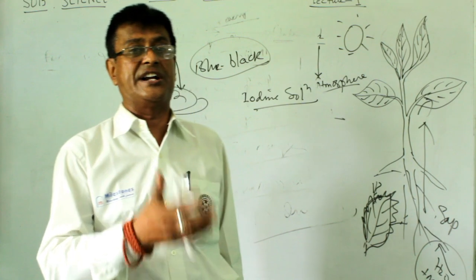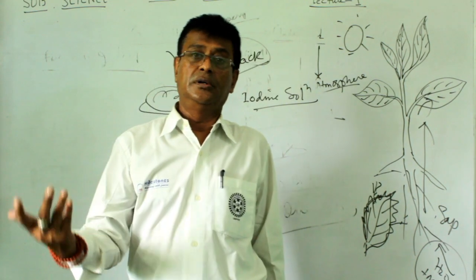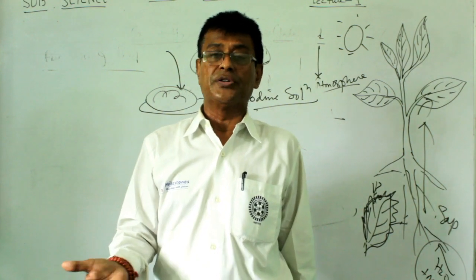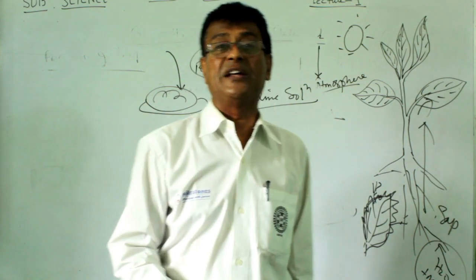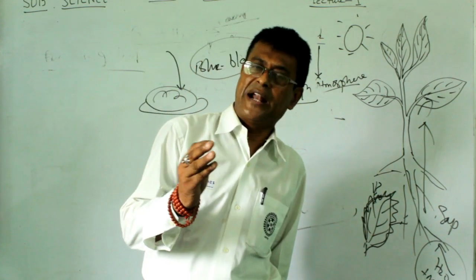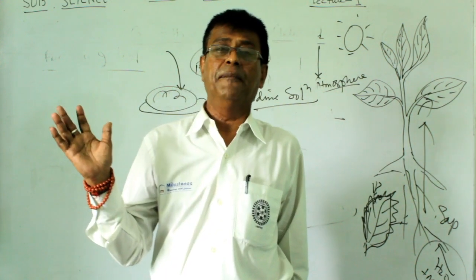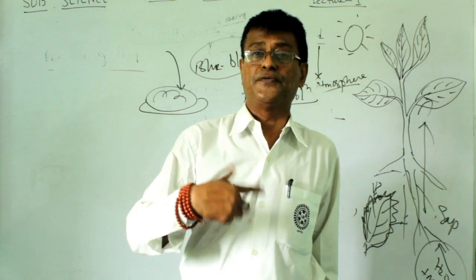The carnivores eat the herbivores and we eat both the plants and animals. So that is how they supply the food to all. For example, you get all the cereals that you eat from the plants, medicine, fruits, vegetables, everything we get from the plants. So plants supply us food.